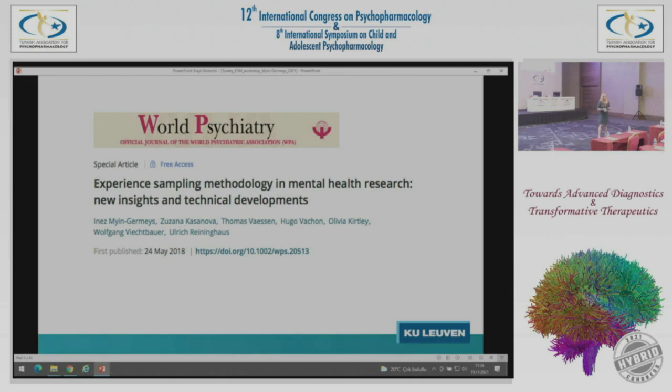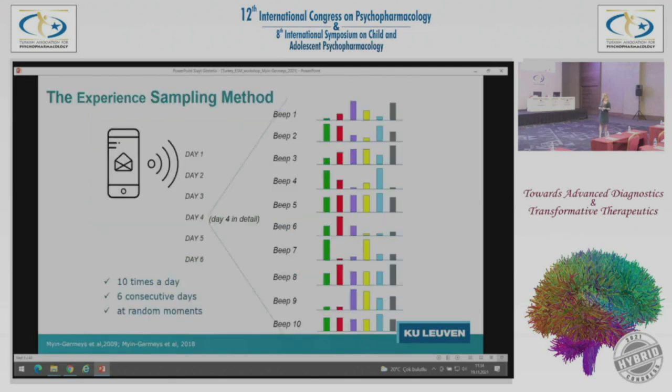The methodology is that we ask people to provide self-reports on their current mental state, on their mood, their symptoms, the context in which they arise, several times a day, over a number of days. At random times they get a signal and they're asked to fill out a short questionnaire about that current moment.